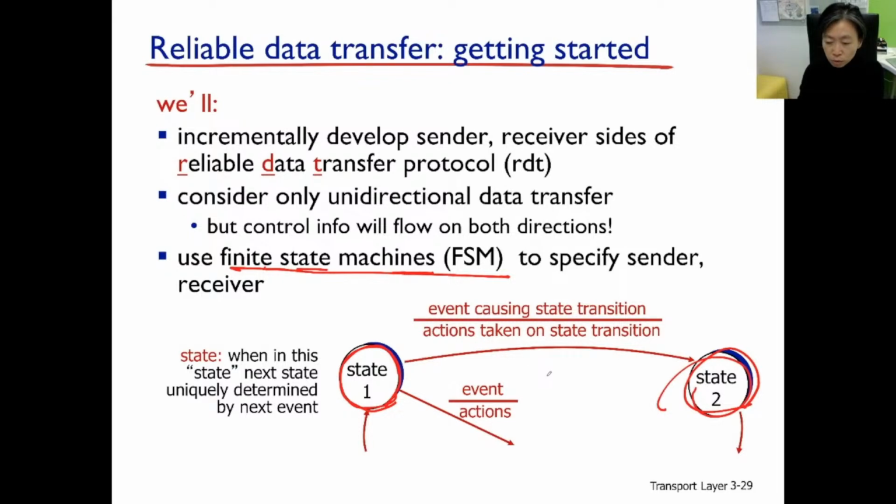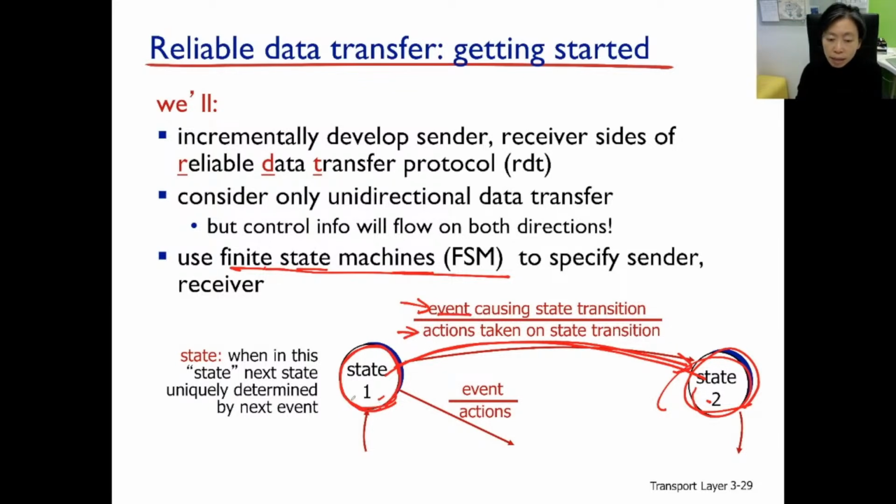You might have a transition saying that under this condition, we go from state 1 to state 2, and in the meantime, as we transit from one state to another, we take this action. So the arc defines when a machine will jump from one state to another, and what action is to be taken corresponding to this event occurring.